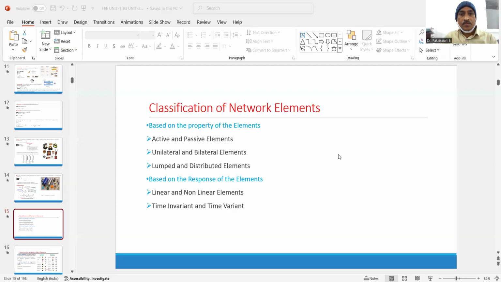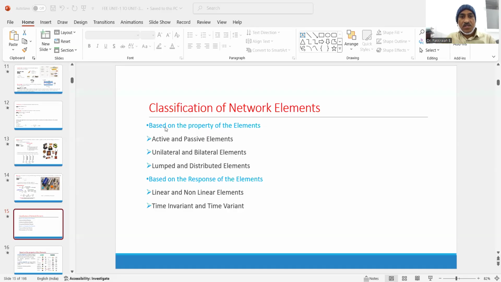Good evening, all. In this session, we are going to see about the classification of network elements. Network elements have been classified likewise.